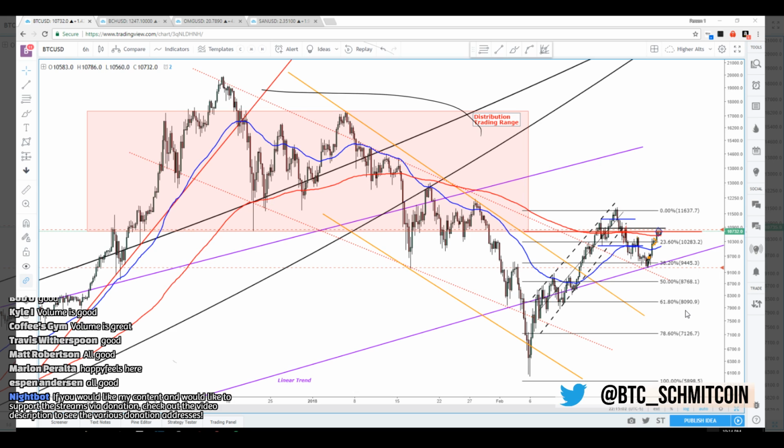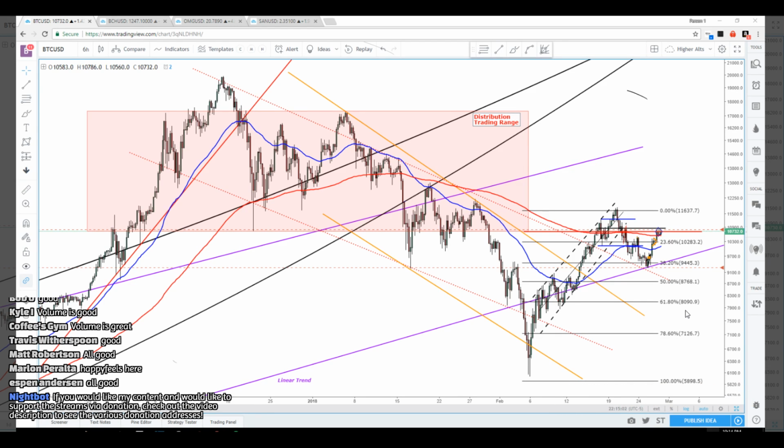So this was the top of the giant bull market. So this is distribution right here. We see a bit of markdown, and then it bounced. For those that are familiar with Wyckoff analysis, this right here is textbook last point of supply for a macro distribution trading range.